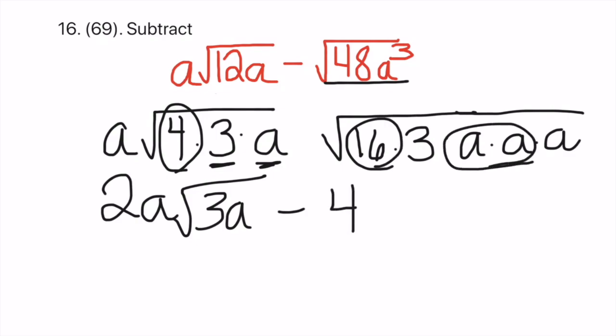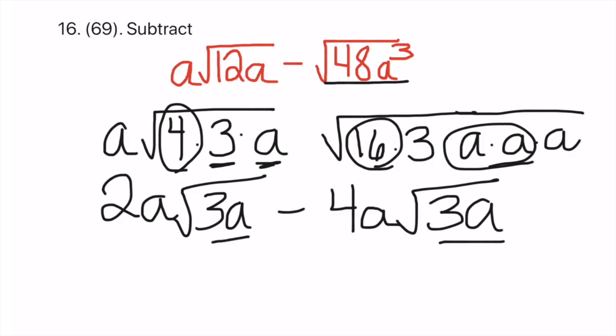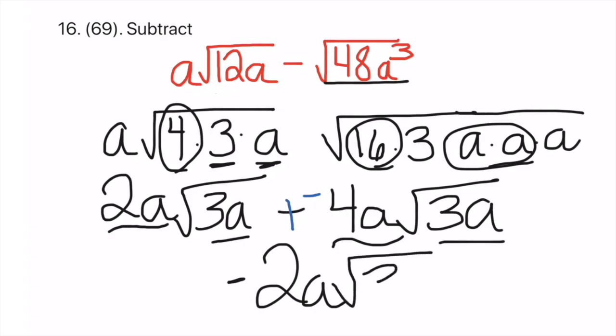And then we have a pair of a's, so I can pull an a out. And then I'm left with root 3a. So now we have like terms and we can combine these. If you want to, you can add a line, change the sign. So we really have a 2a root 3a plus a negative 4a root 3a. So that's negative 2a root 3a.